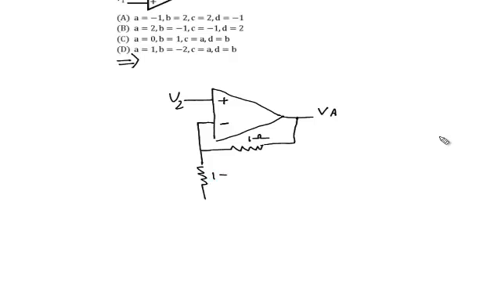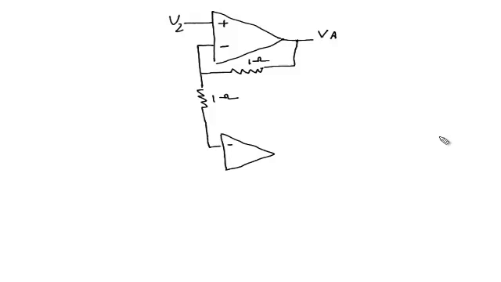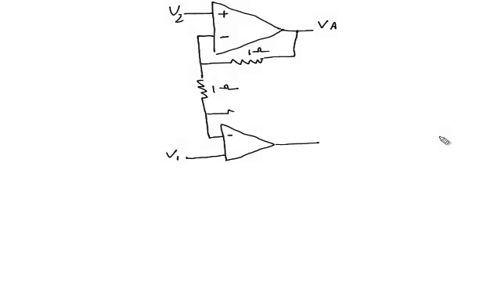Then we have a 1 ohm resistor connected here, and there we have another op amp which also has negative feedback, and at the positive terminal another voltage source V1 is connected. Then 1 ohm, and the output voltage is VB, and we need to calculate the values of VA and VB.